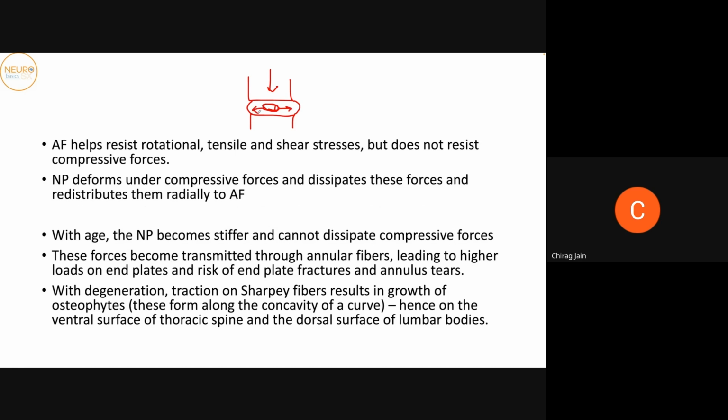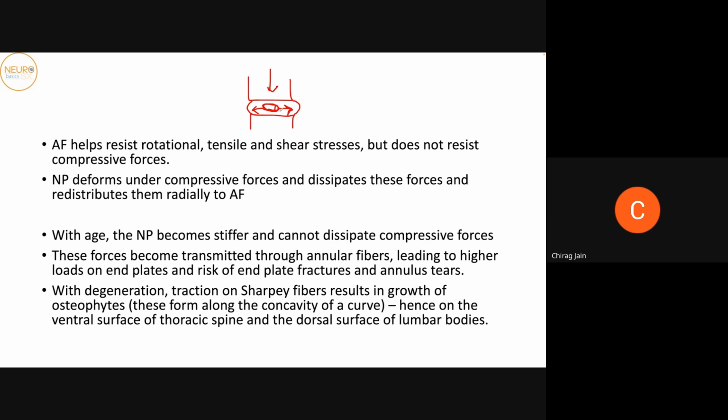Because of this, the compressive forces don't directly act on the annulus fibrosus, because the annulus fibrosus would not be able to tolerate these direct compressive forces. It is able to tolerate these radial forces coming from the nucleus pulposus instead. Because it is very good at tolerating shear forces and torsional forces, it is able to take care of these radial forces coming out from the nucleus pulposus.